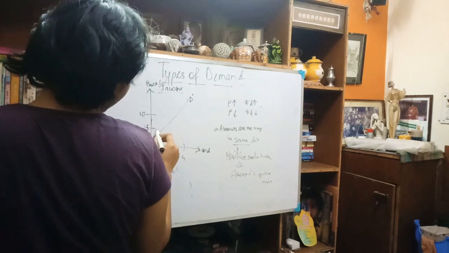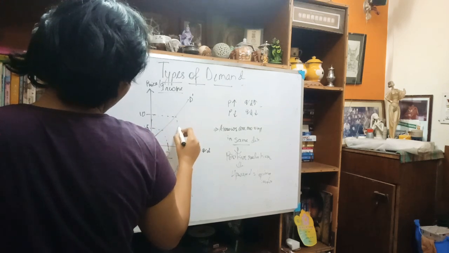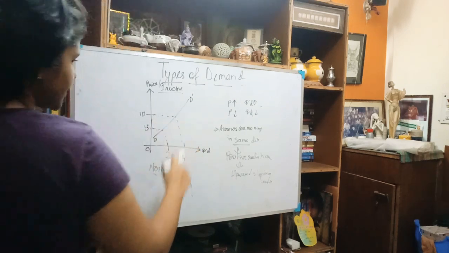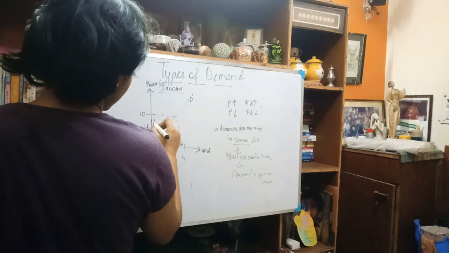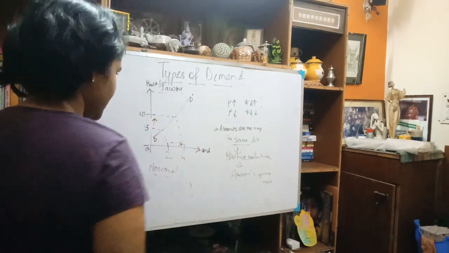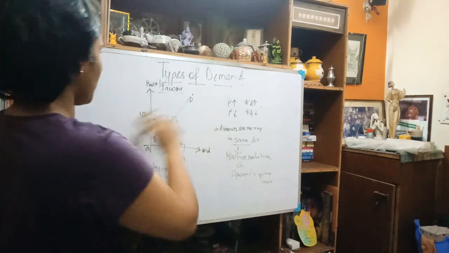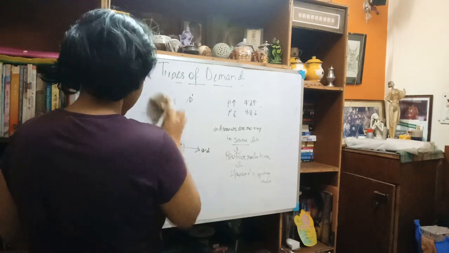When your income was 5, you used to buy 2. When your income became 10, you bought 4. This is the change. This is increasing, this is increasing, this is increasing. Okay, that is normal goods. Anything that you want to buy when your income is increasing.